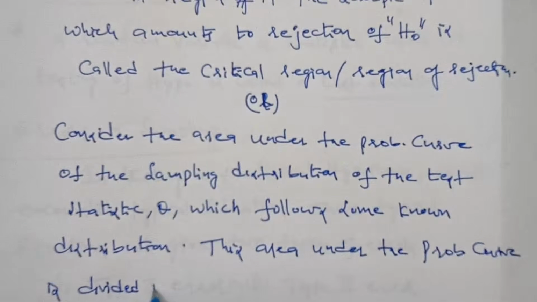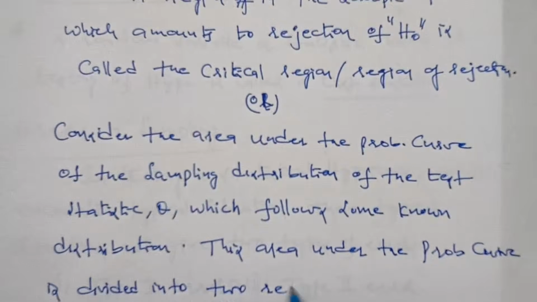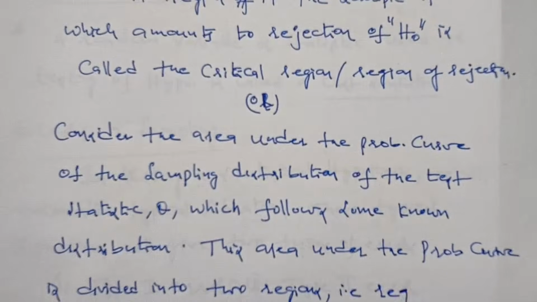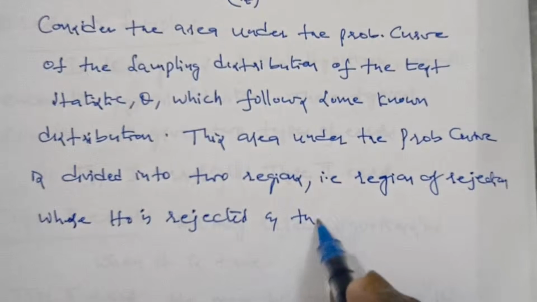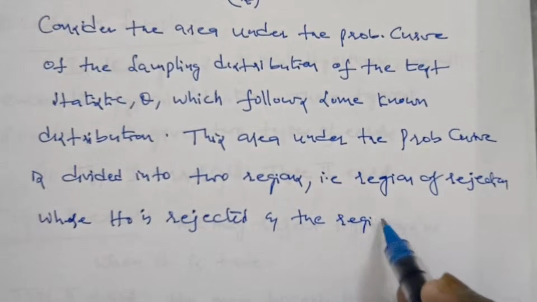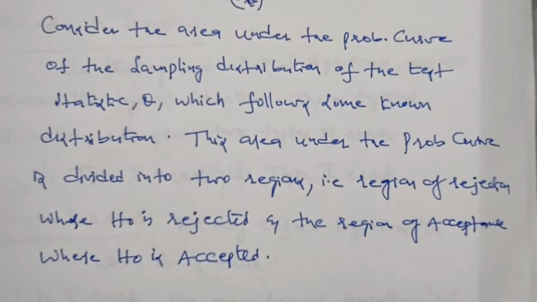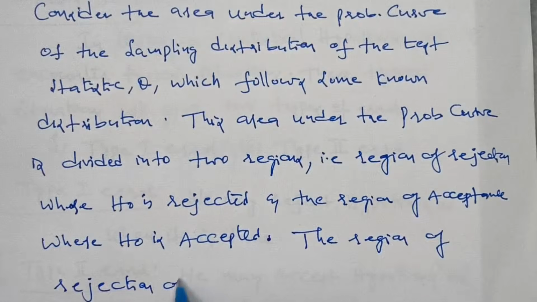The area under the probability curve is divided into two regions: a region of rejection where null hypothesis H0 is rejected, and the region of acceptance where null hypothesis H0 is accepted.